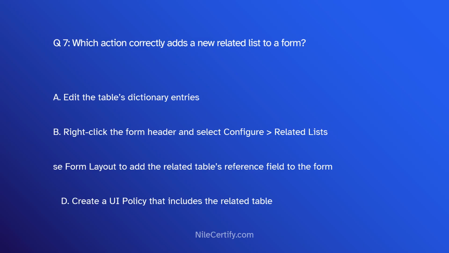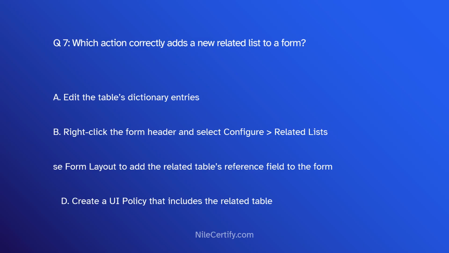And the question is about an action, right? The action an admin should take in the UI. So think about what you actually do when you say, I want this form to show another related list such as tasks, SLA, or child incidents. And that normally starts from the form header menu. Now let's go through the options.